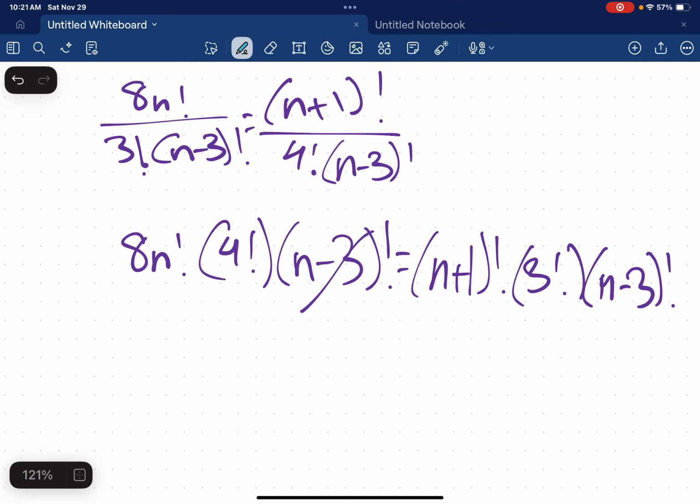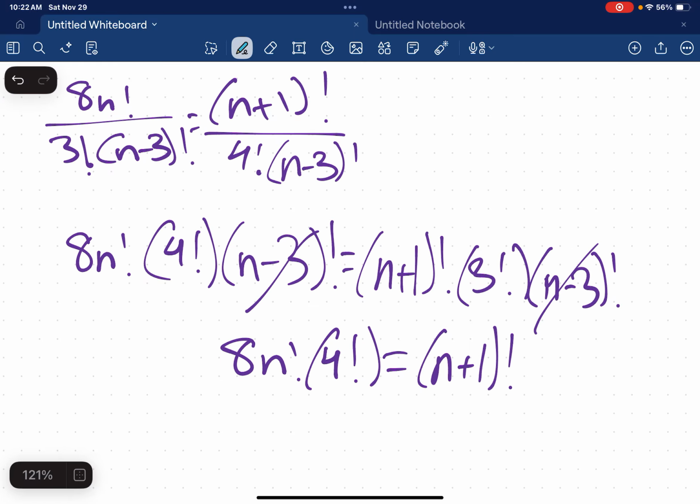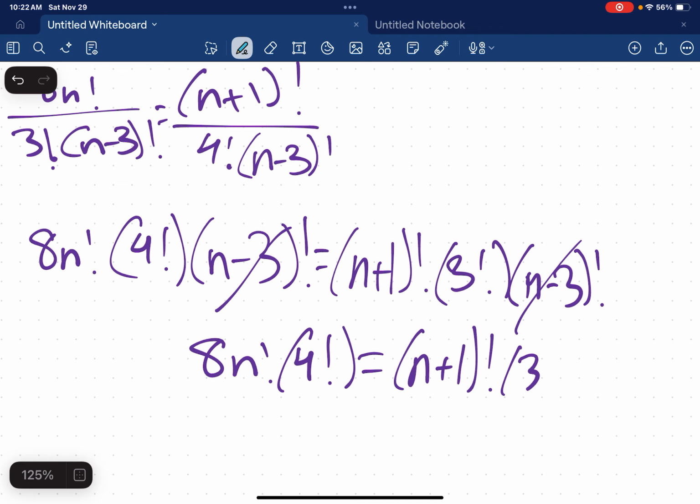Okay, we can take out these two factorials to get left with 8n factorial 4 factorial is equal to n plus 1 factorial 3 factorial.